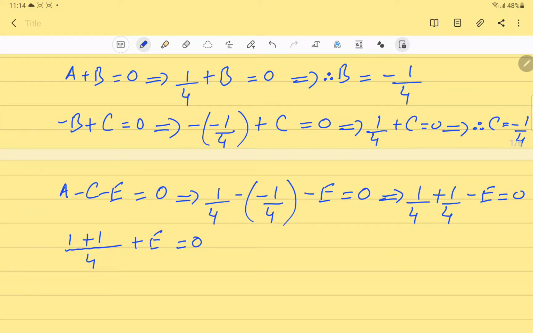We will take the LCM of both the fractions. So it is 2 over 4 minus e is equal to 0. This cancels.